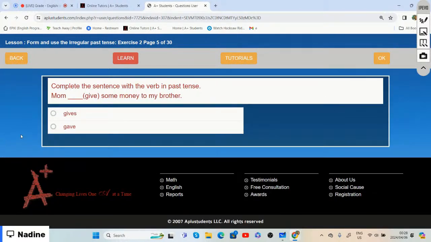Mom gives or mom gave some money to my brother.